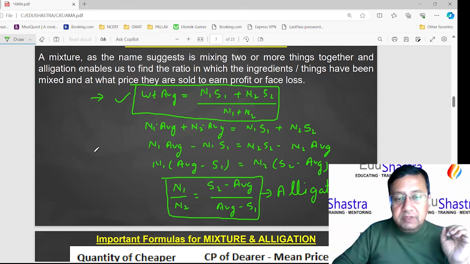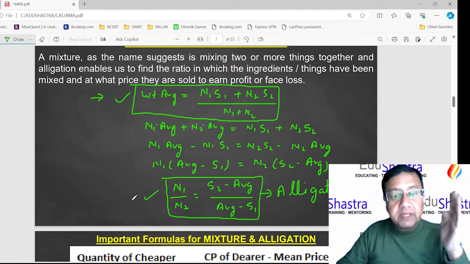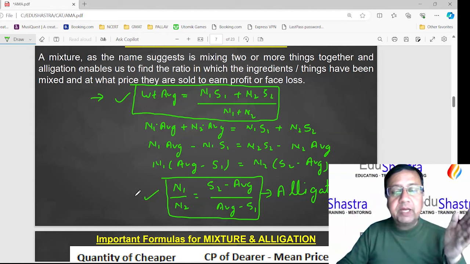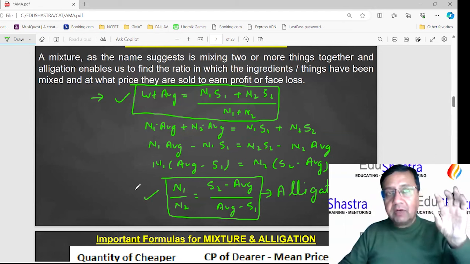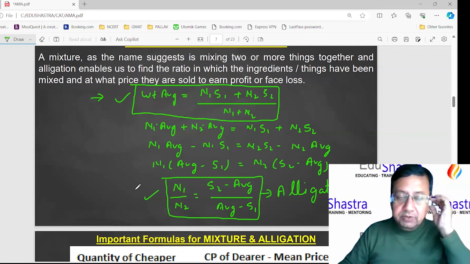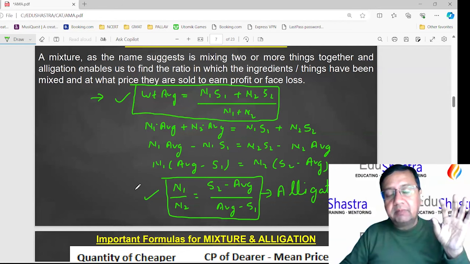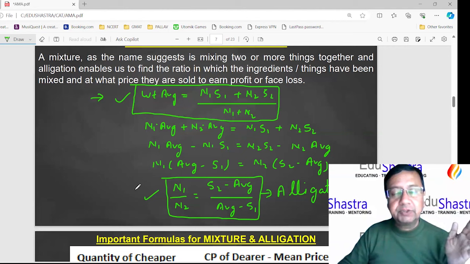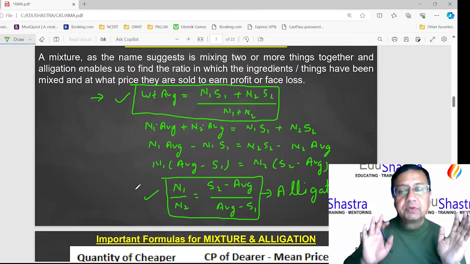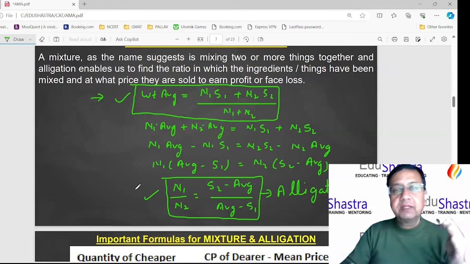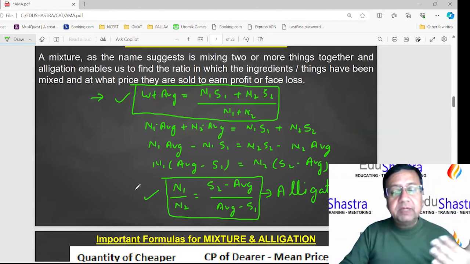Now, if you look at the second expression, in this you are finding the ratio n1 to n2, for the first component and for the second component. So number of boys and number of girls, you're finding the ratio, right? This way you can identify the individual quantities or individual numbers.